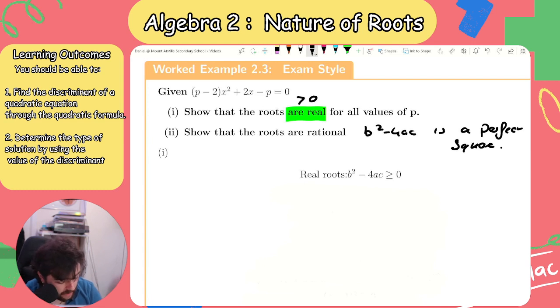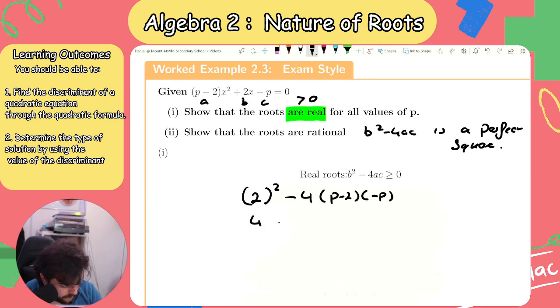So b squared minus 4ac, so b is equal to 2. P minus 2 is going to be equal to a, and then c is going to equal minus p. So b squared minus 4 times a times c. 4 plus 4p times p minus 2.